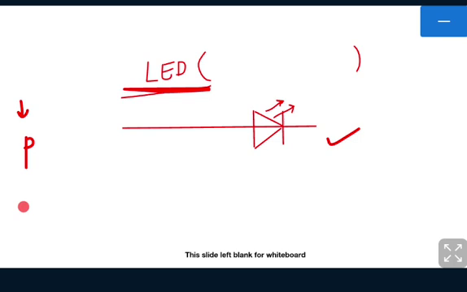So that is about LEDs: the basic definition, their notation, and what they work on. When current flows in the forward direction, then only LEDs work.